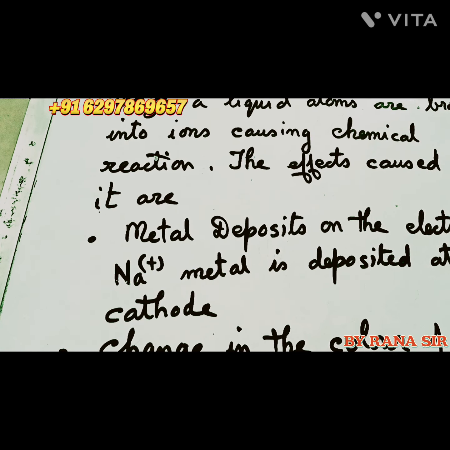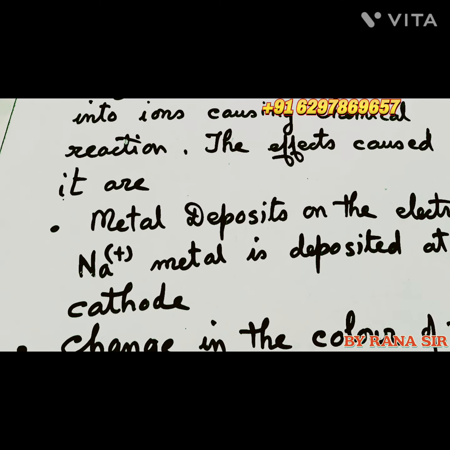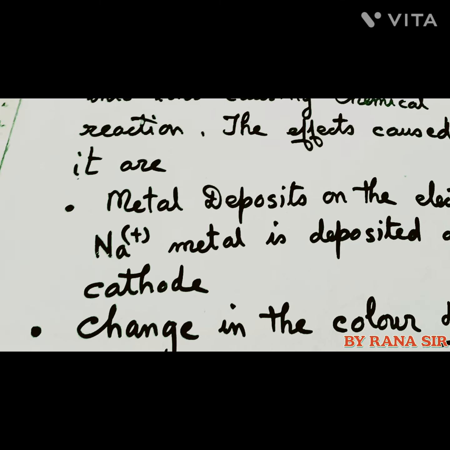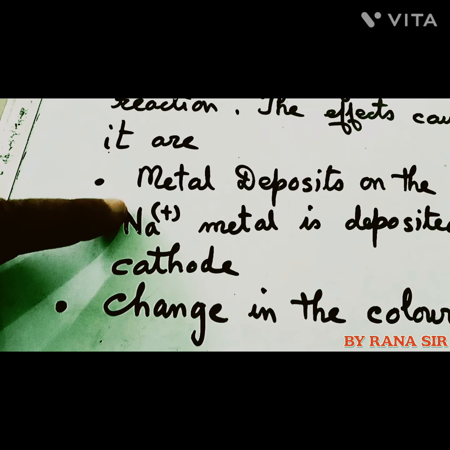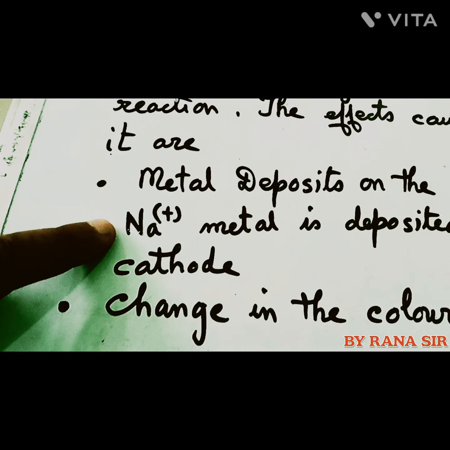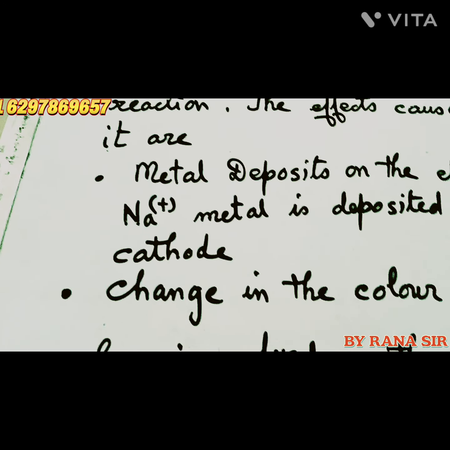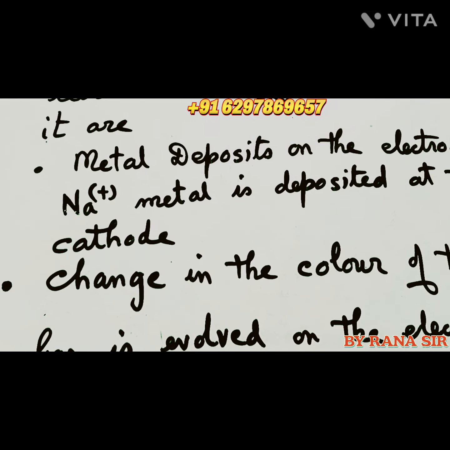The effects are metal deposits on the electrode. Na, a positive metal, is deposited at the cathode. Cathode is the negative terminal and Na is a positive ion, so the positive ion gets attracted to the negative terminal and the metal gets deposited there.